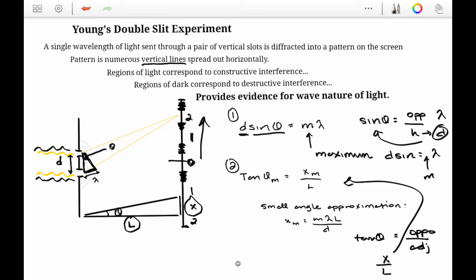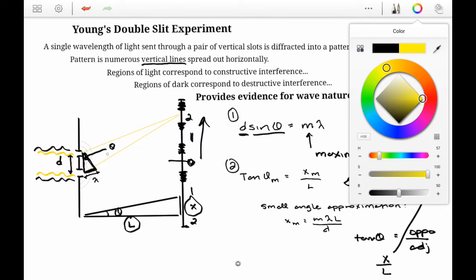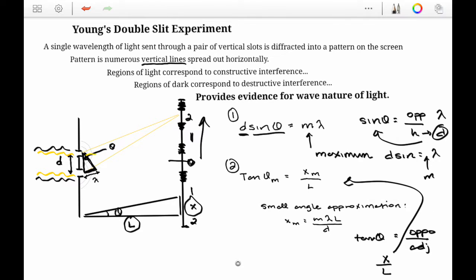If light was only a particle, then the light would simply continue straight forward through this slit and leave regions of light on the screen. However, because these waves are interfering with each other, we have regions that are both dark and light, meaning that the light has to be in its wave form.